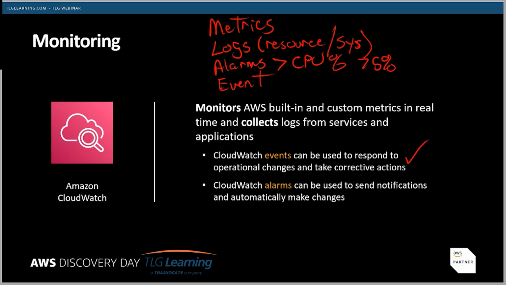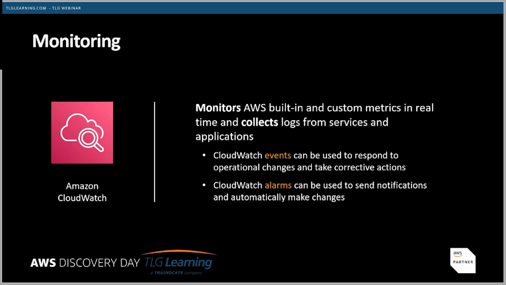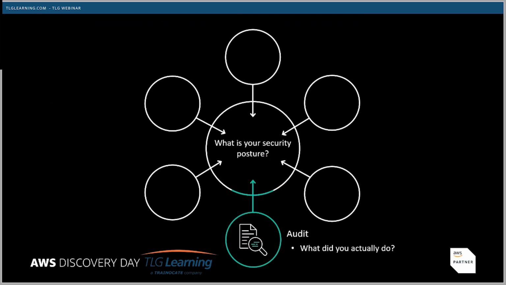Some event with a service or a particular log message could then trigger some automated action, like an automated response, where we could automatically respond to some incident that's occurring, including error messages as well as configuration changes, things that have been made to my resources.